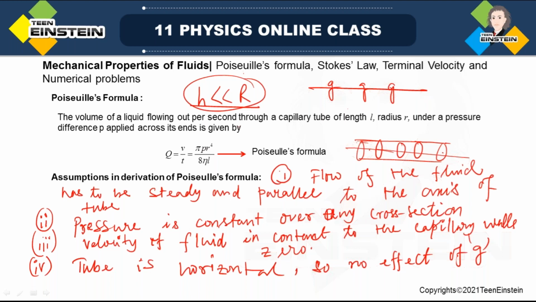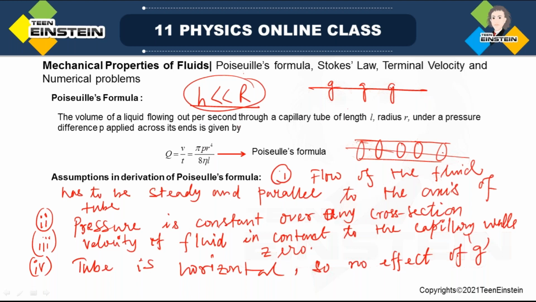in Poiseuille's formula. Now we'll derive Poiseuille's formula, and there we'll see how any empirical formula can be derived by using dimensional analysis. So I'll just recap these four assumptions. Flow of the fluid has to be steady and parallel to the axis of the tube.